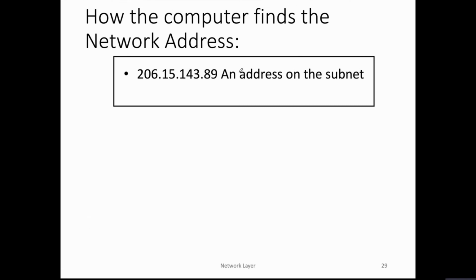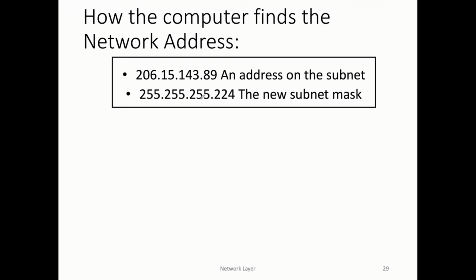Now we know that we have 5 subnets here. So we have to identify to which subnet this destination address belongs, right? And for that, we have provided the router with the subnet mask 255.255.255.224, since 3 bits were borrowed.